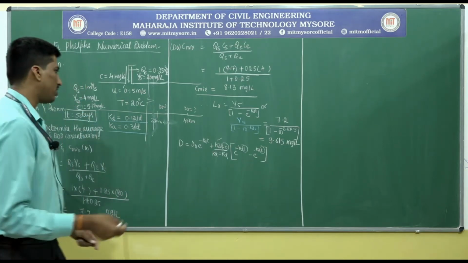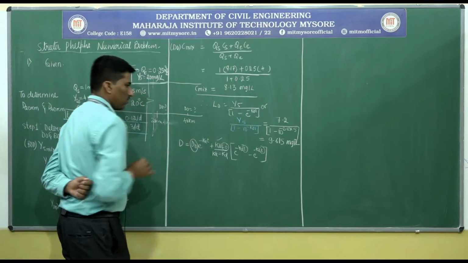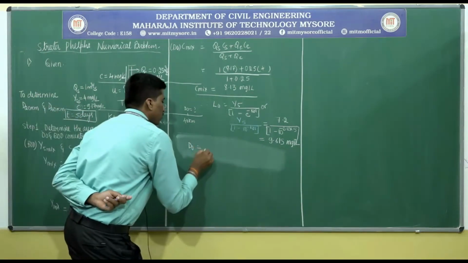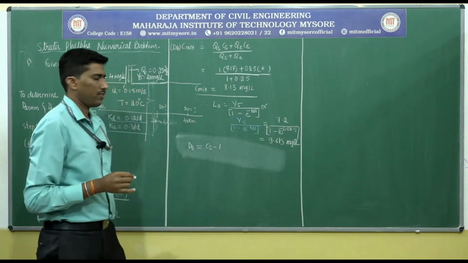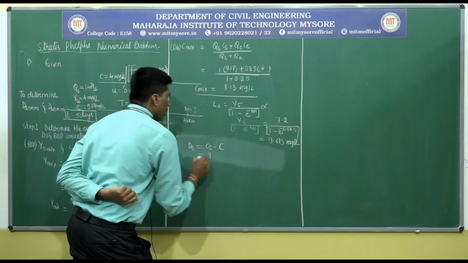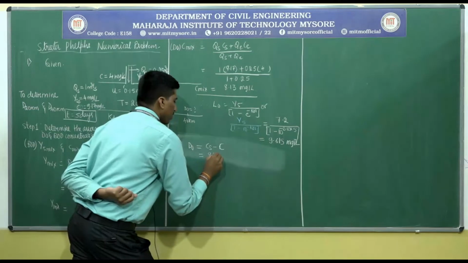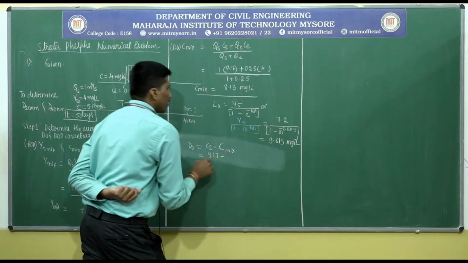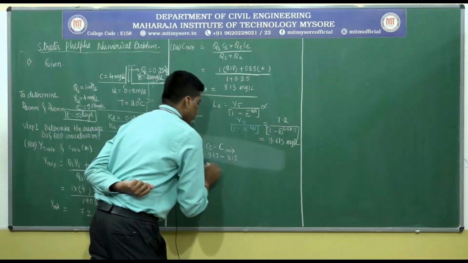So, when we have got all these things, the next thing is I need to determine the D naught value. D naught is equal to Cs minus C, where C is the C mix. The saturation concentration is given as 9.17, and C mix is given as 8.13.